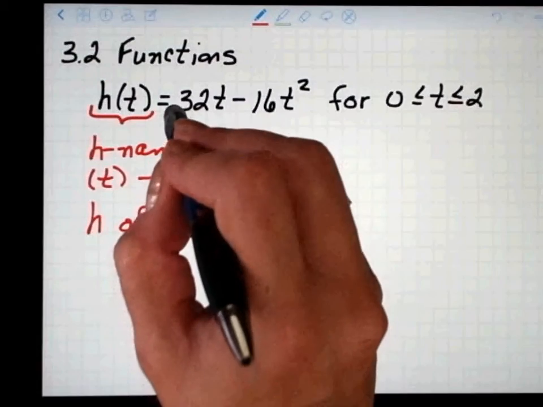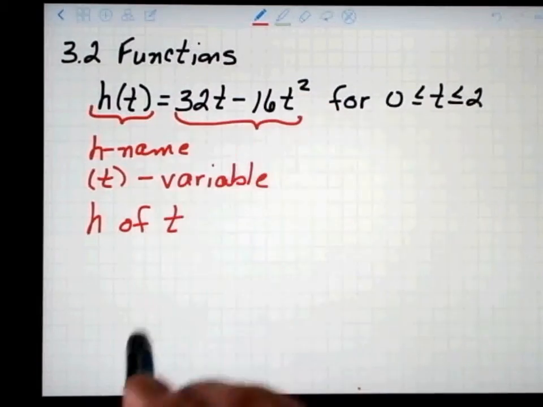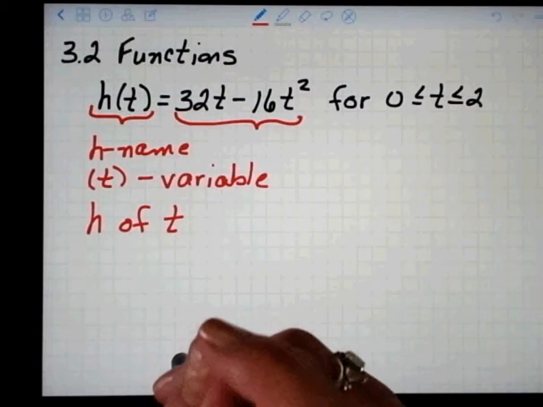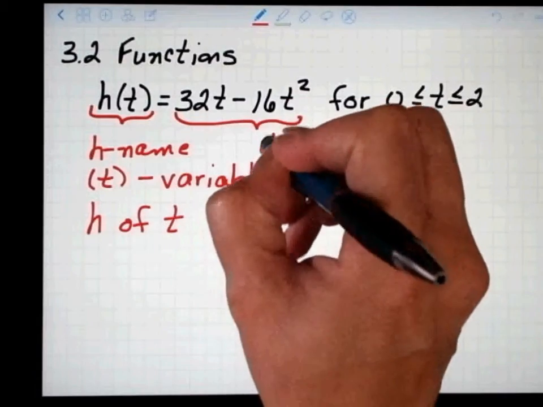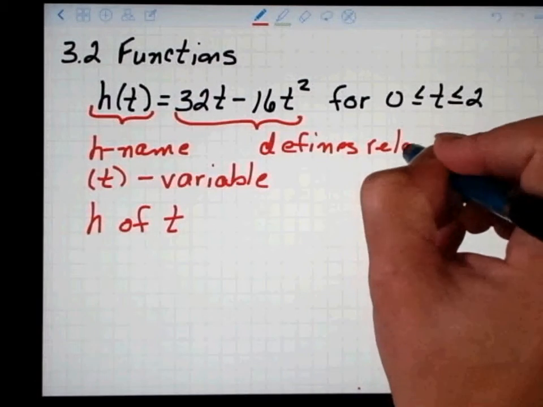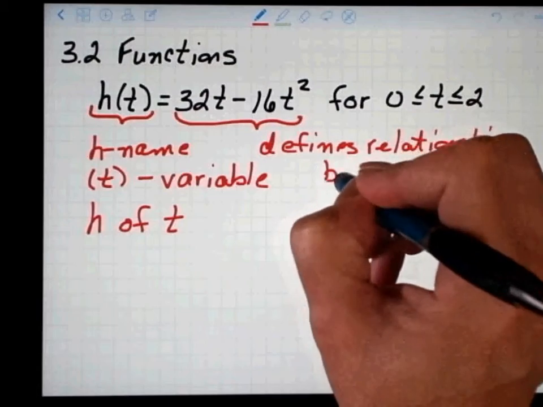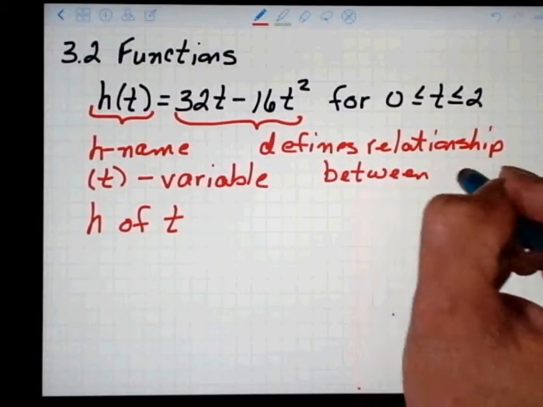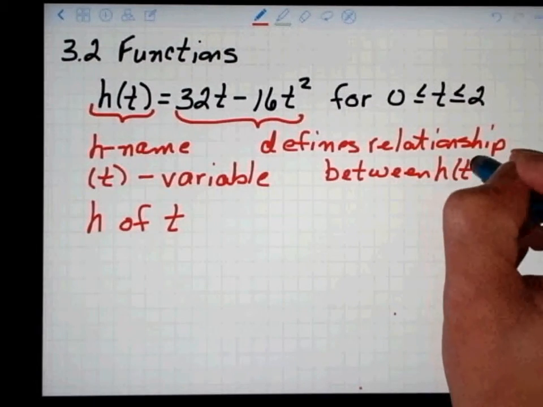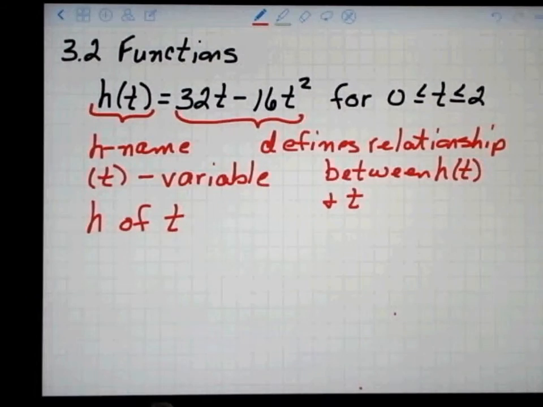On the other side of the equal sign, this 32t minus 16t squared defines the relationship between the function h, which depends on t, and the variable itself, t.